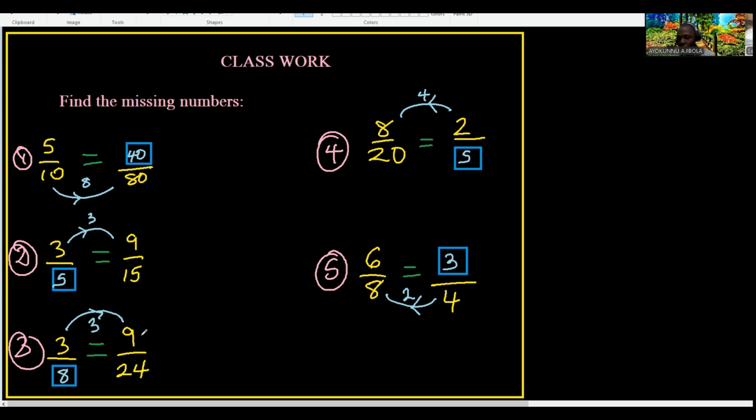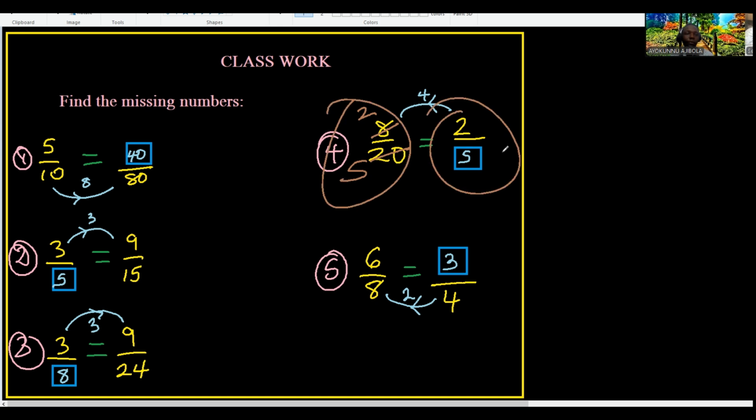Here, 3 times 3 gives us 9 again, and 3 times 8 gives us 24. Then the second to the last one, we are multiplying backward. That is 2 times 4 gives 8, then the 5 times 4 should give us 20. So if we reduce it, it will be 4 over 5. Okay? Okay. Good.